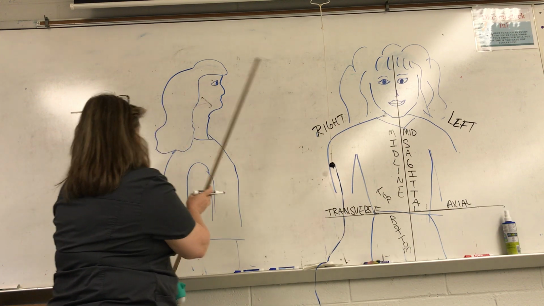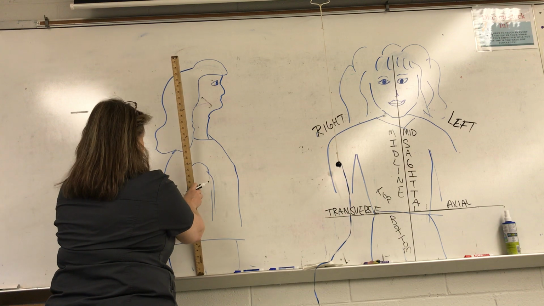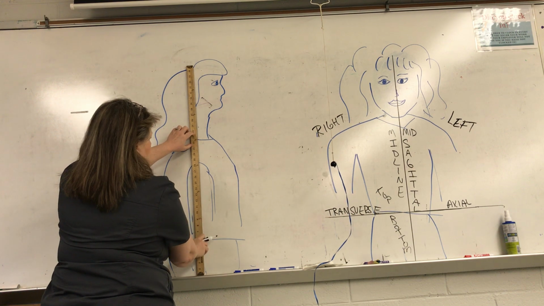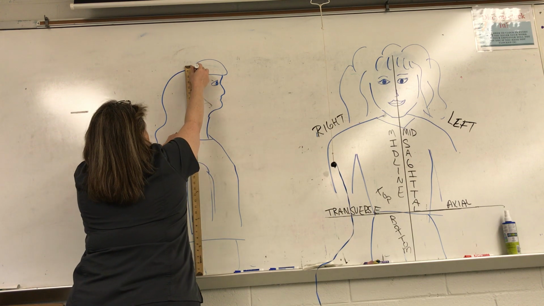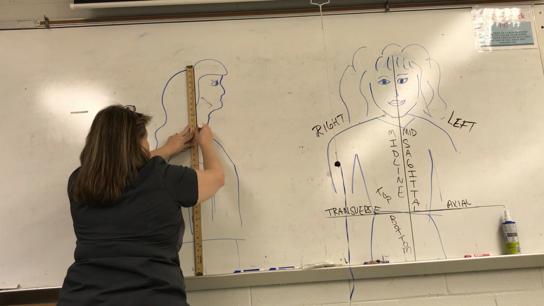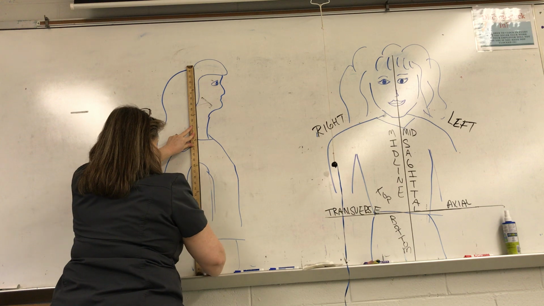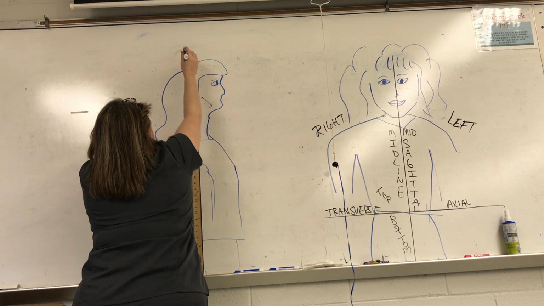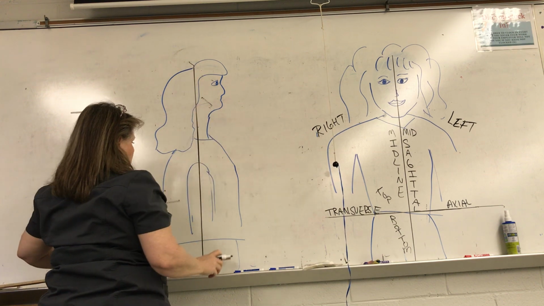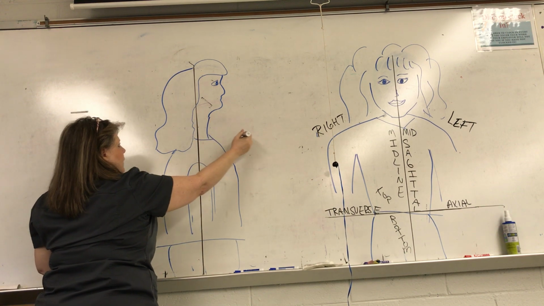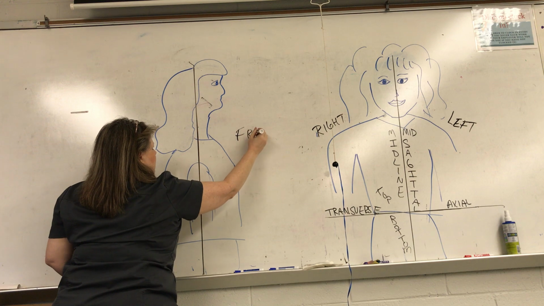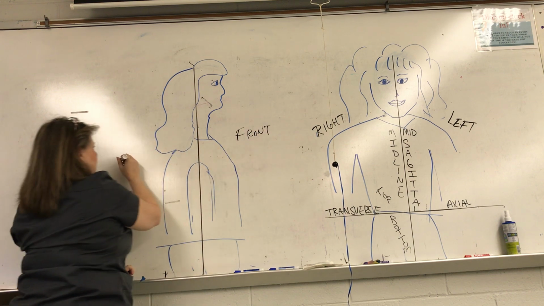And then we have another plane that divides us from front to back, and it kind of goes right down the middle of your head and side of your head and the side of your shoulder. It divides the front from the back.